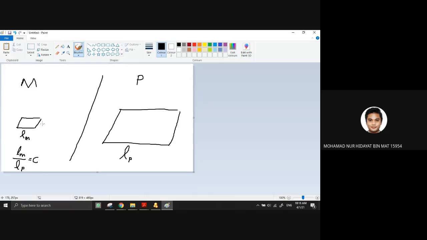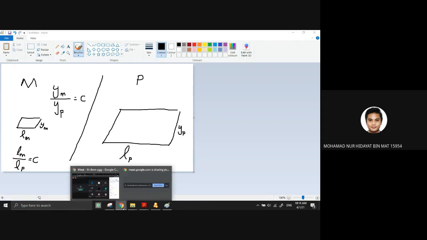So this is L, this is Y. Ym, this is Yp. Okay, Ym divided by Yp, what's the answer? The answer is still the same constant, C. So that means the ratio of the length scale here, Lm over Lp, is the same as Ym over Yp. Okay, are you guys clear?